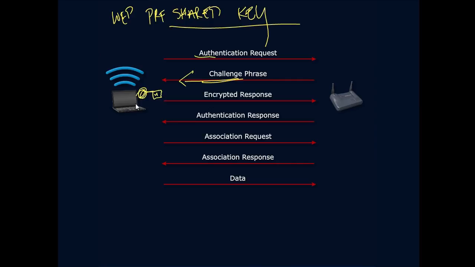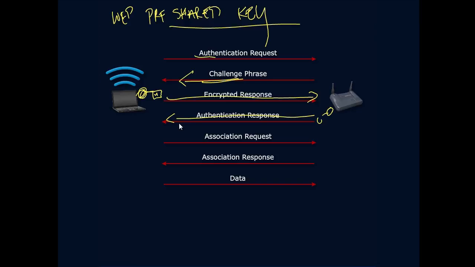That's a key. Using the key, we're going to encrypt a response to the AP. And the AP, using the key it has, will send in the authentication response. And from that point forward, everything will be using the keyed authentication.